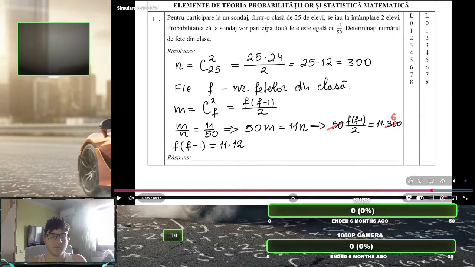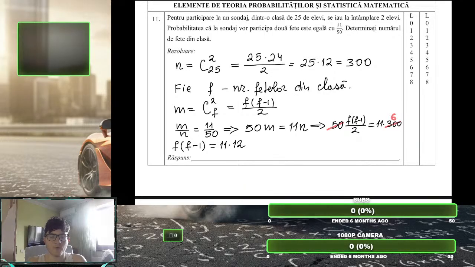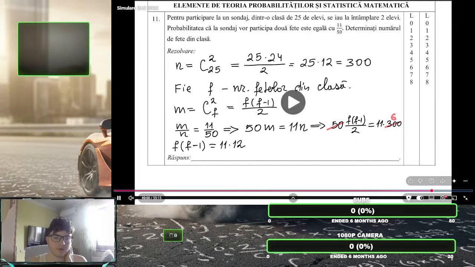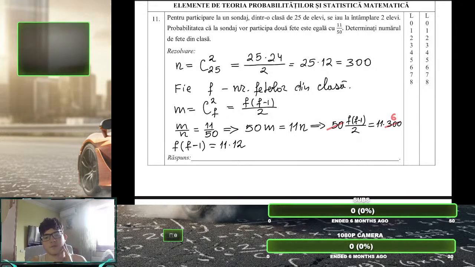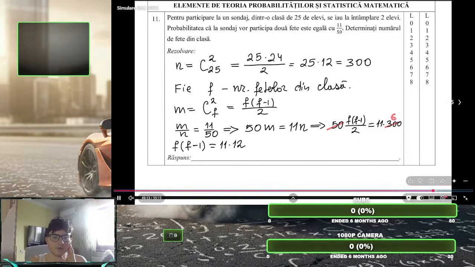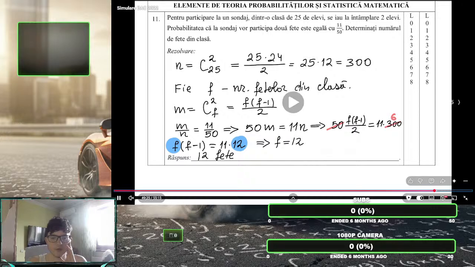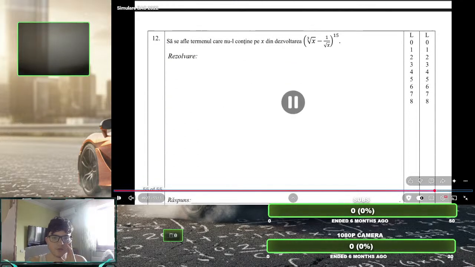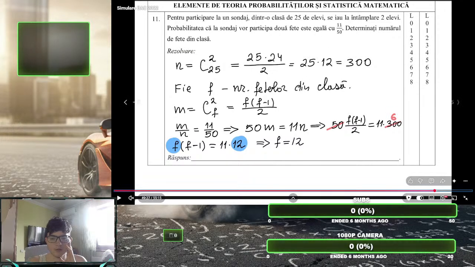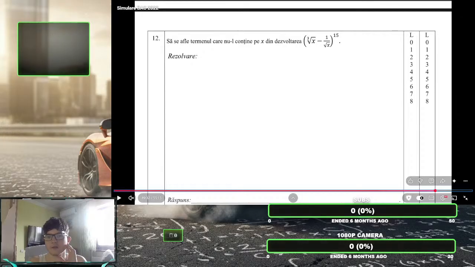And so on the right, I think we're going to have 132, and on the left, f to the second power minus f, so perhaps some quadratic or Viète or some other approach. F is 12 or what? So you just go like this. I mean, this is really advanced.